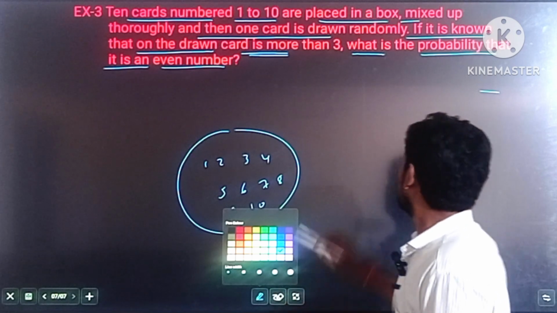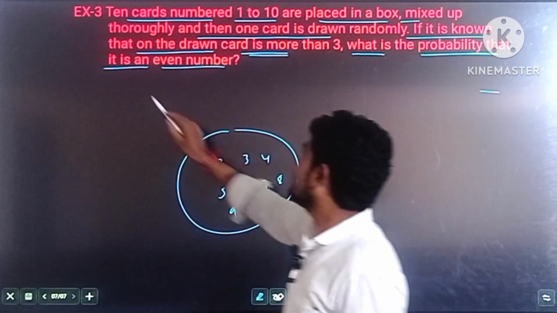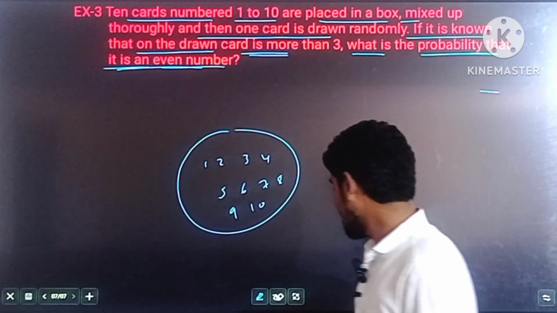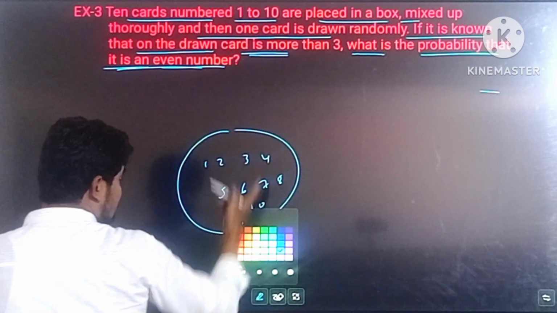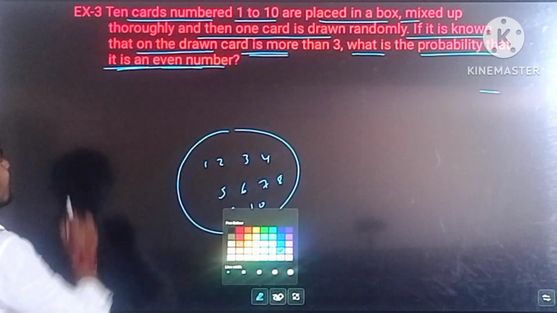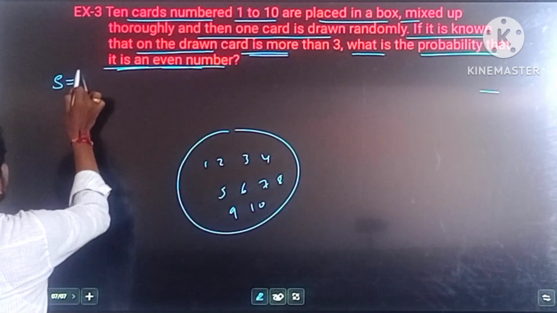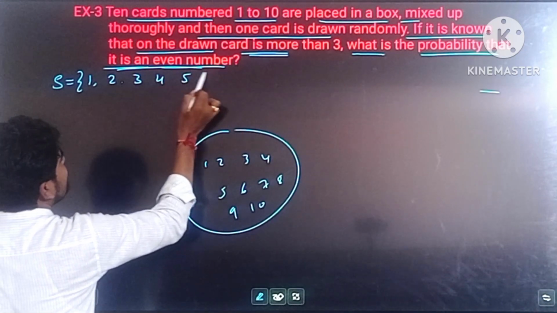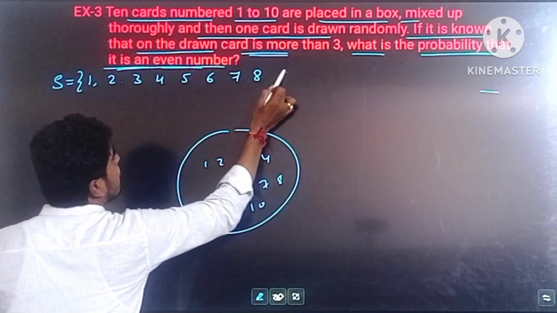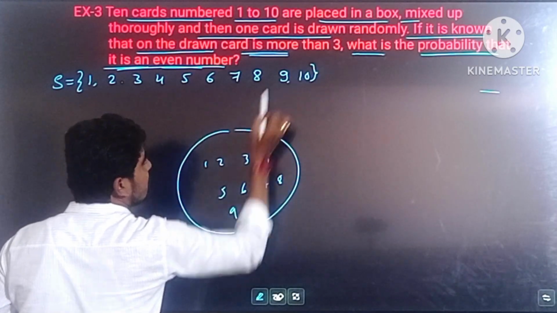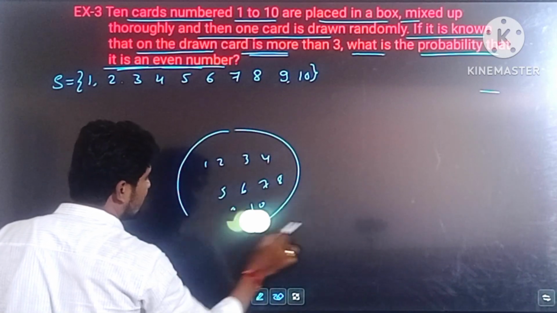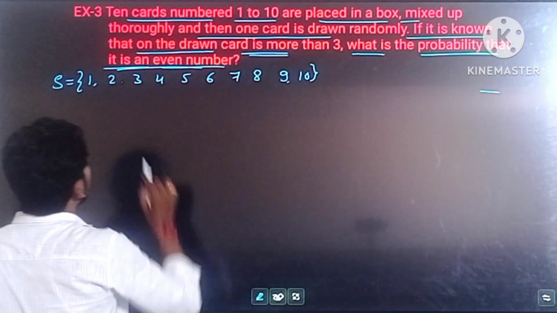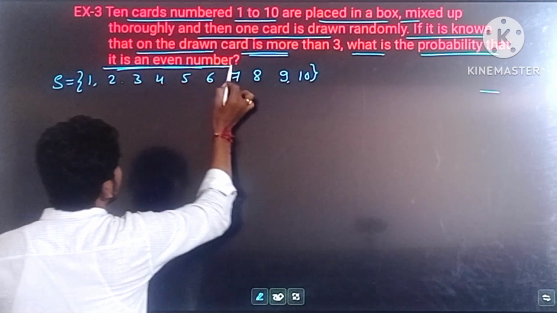And the question is, what is the probability that it is an even number? It means the sample space has totally 10 cards numbered 1, 2, 3, 4, 5, 6, 7, 8, 9, and 10. And his question is, what is the probability that the drawn card is an even number?